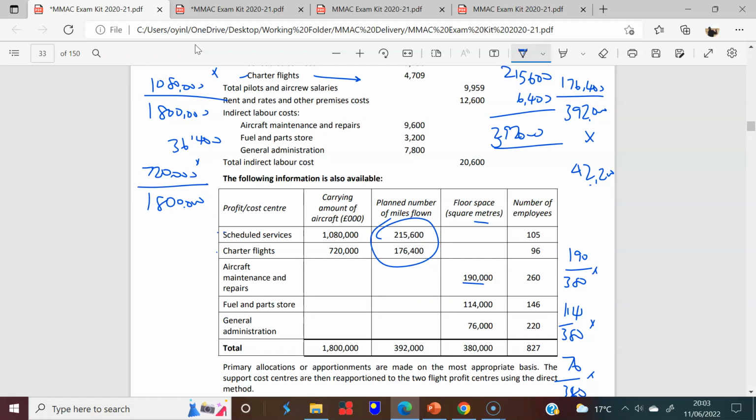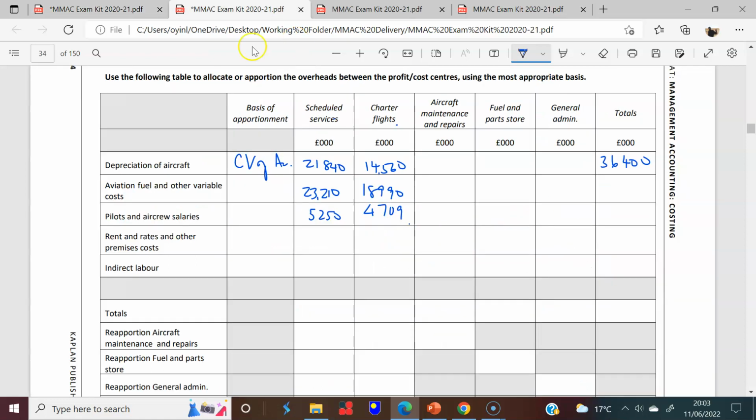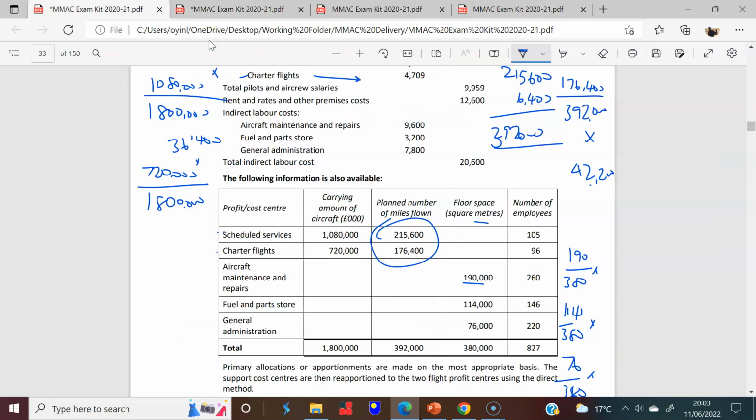Yes, 190 divided by 380 times 12,600 means that this department gets 6,300. We do exactly the same thing: 114 divided by 380 times the 12,600, and we get 3,780.